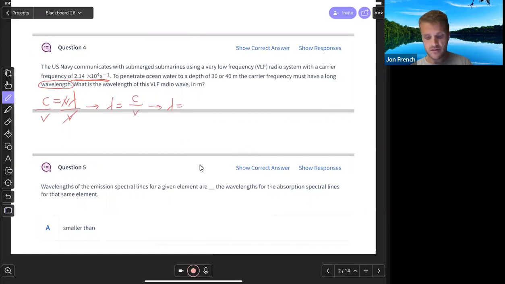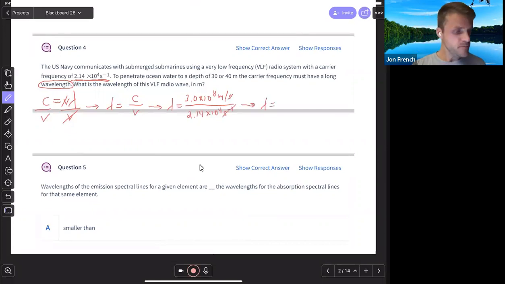So the wavelength of this, right, speed of light, 3 times 10 to the 8 meters per second, over my frequency, 2.14 times 10 to the 4 inverse seconds. Seconds cancel out, and that's good because wavelength should be in meters.